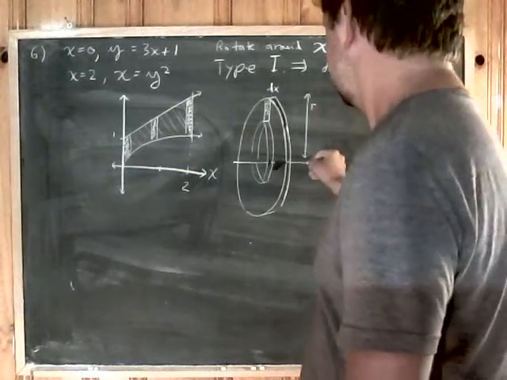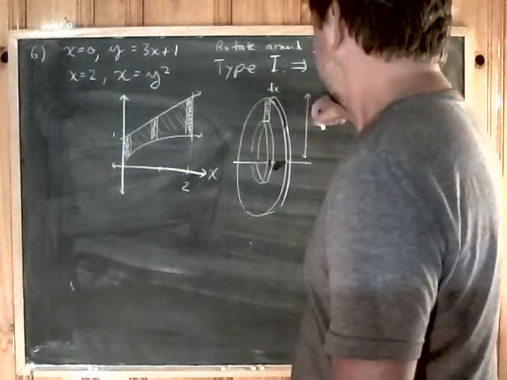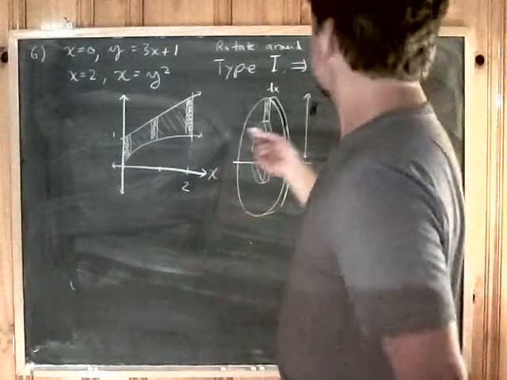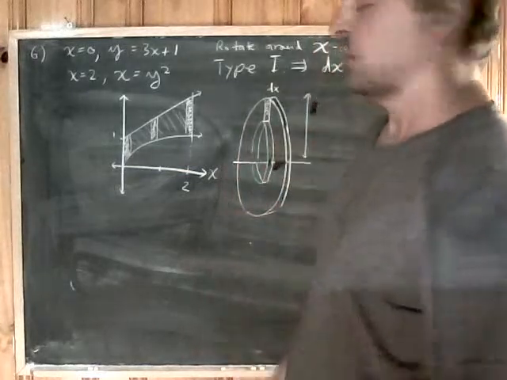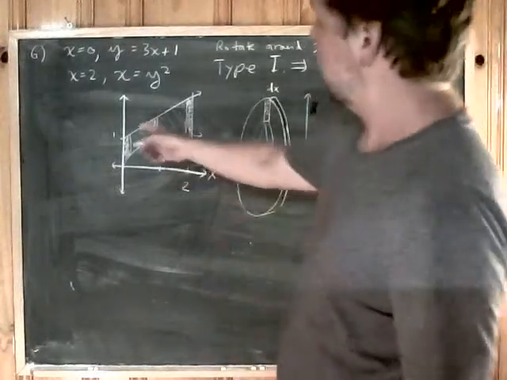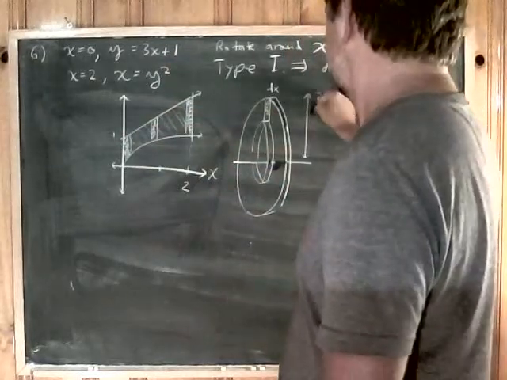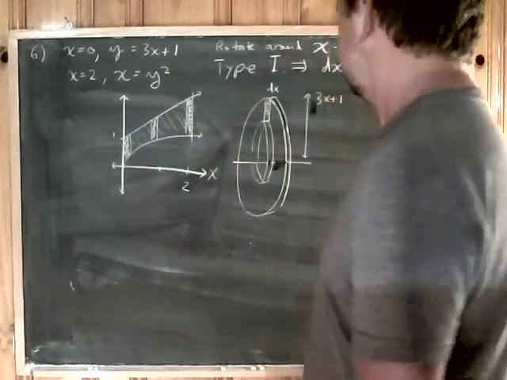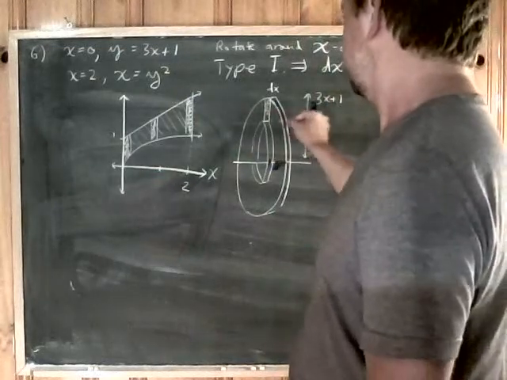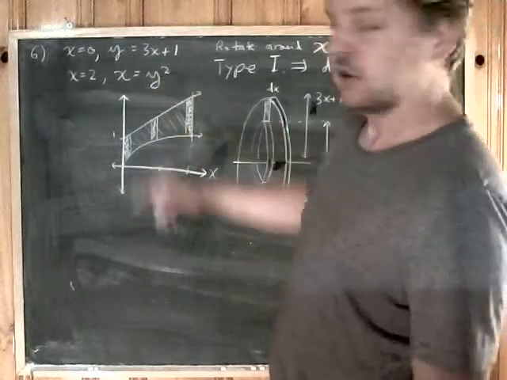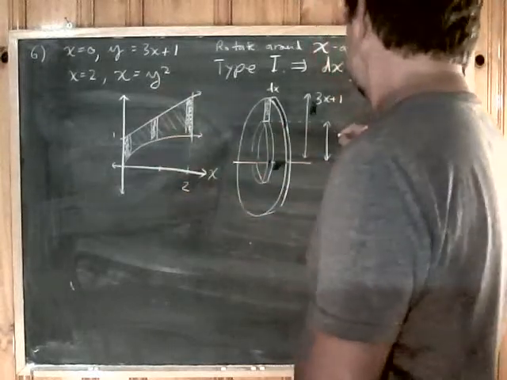The important thing though is to figure out what it is in terms of, since we're doing type 1, in terms of x. Well, that top line is the big radius, and y equals 3x plus 1. So 3x plus 1 will be the top radius, whereas the inside radius, the smaller one, will be the other curve, and that's the y squared.